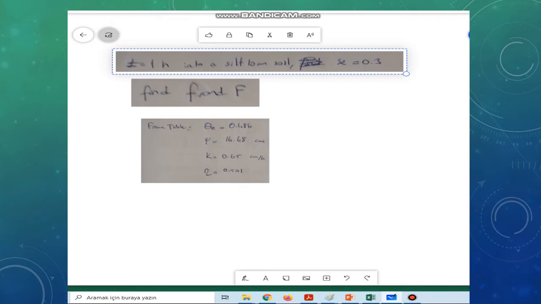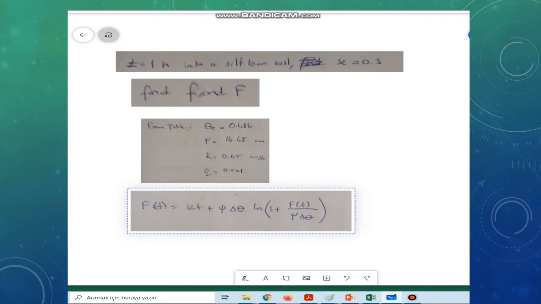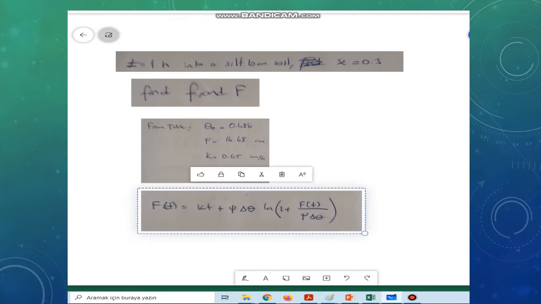All right. So after we know this, what do we need to use? We need to use the Green-Ampt equation, which is here. I wrote here: the cumulative infiltration is equal to hydraulic conductivity multiplied by time duration, plus suction head multiplied by the change of moisture content of soil, and natural logarithm of 1 plus cumulative infiltration over phi multiplied by delta theta.